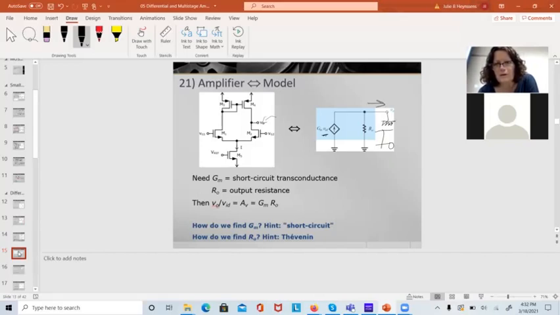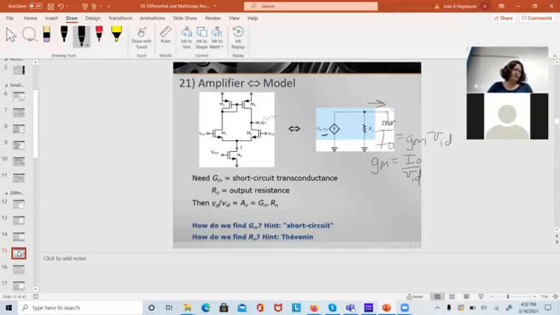All the current would go through the short, none of it would go through R out, so it would be GM times VID. So my GM for that transistor would be the output current divided by the input voltage that I put into it.